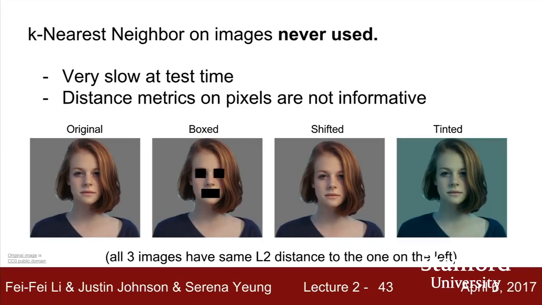Sorry, say that again? Yeah, so the question is, why do these images have the same L2 distance? And the answer is that I carefully constructed them to have the same L2 distance. But it's giving you this sense that the L2 distance is not a very good measure of similarity between images.